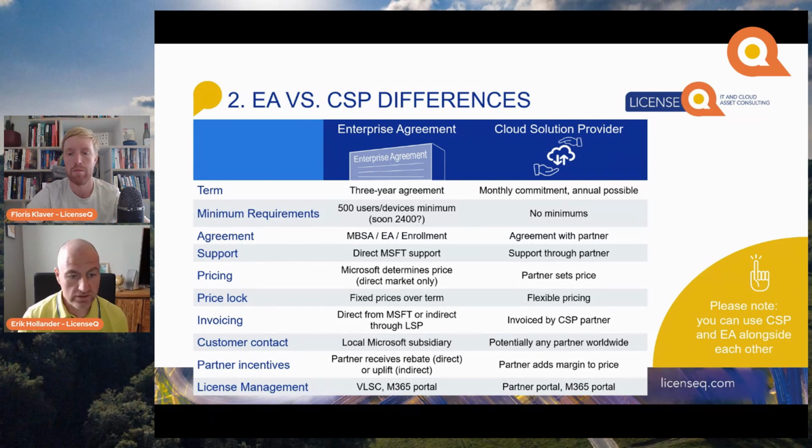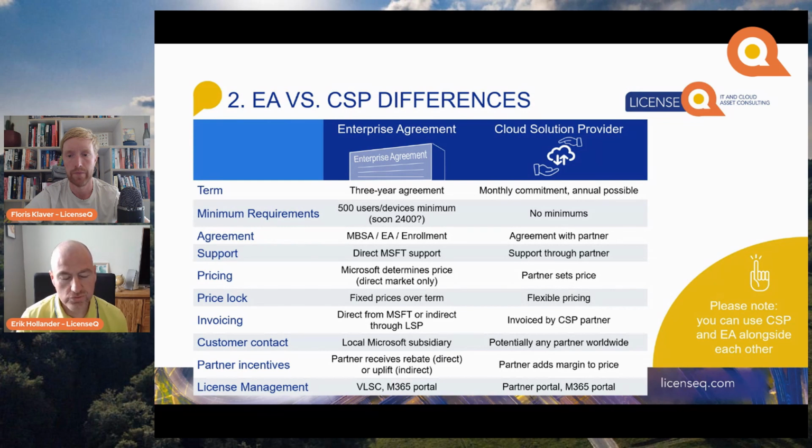Everyone has the same buying price from Microsoft, but there are changes in the specifics between the partner and Microsoft. We're going to get to that later on, how the price model works, and we will provide you some examples as well. But it's good to know that there are some price differences within enterprise agreement and CSP.